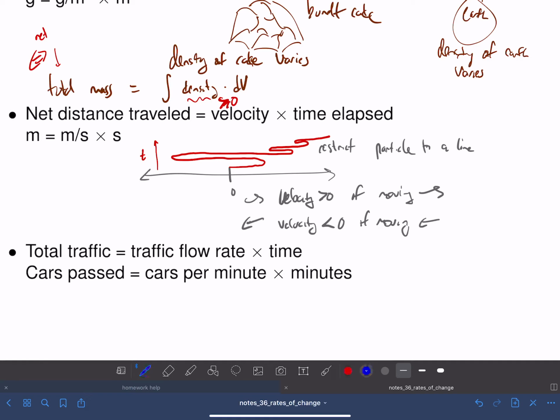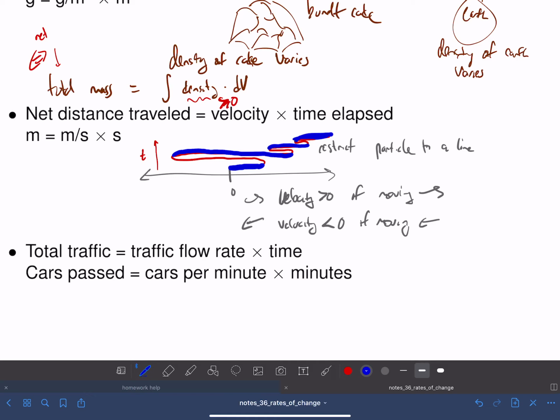So let me shade the areas in blue where it's moving in the positive direction. So there the velocity is positive, and in the other places the velocity is negative. And so the net displacement is velocity times time elapsed.